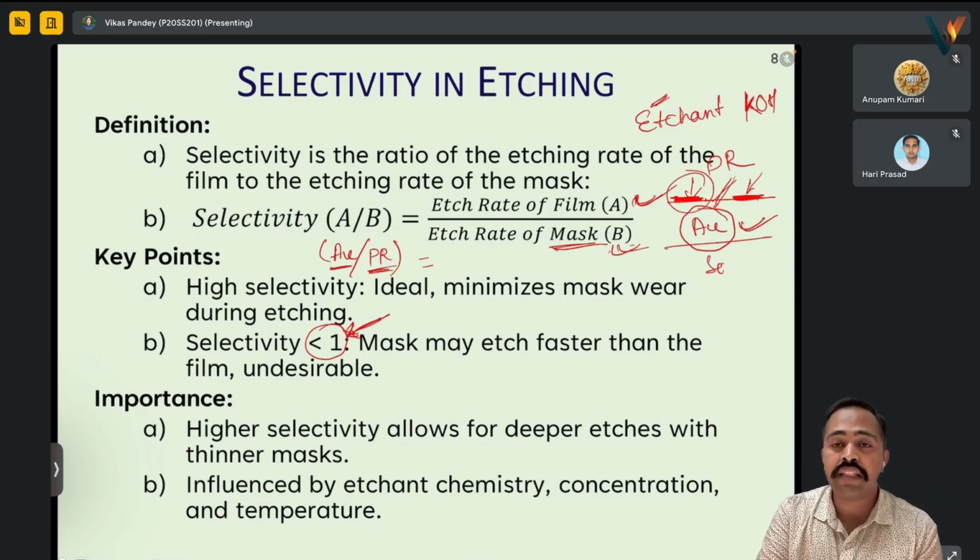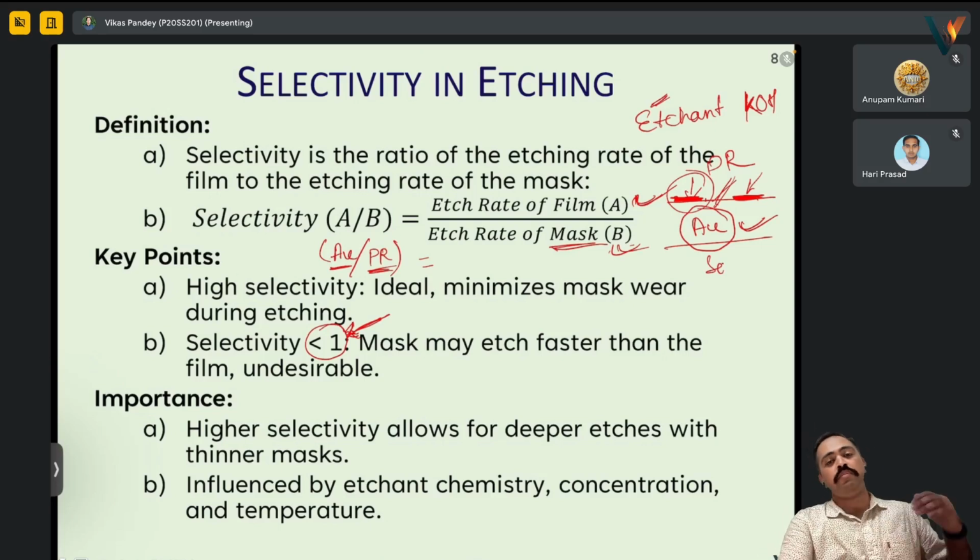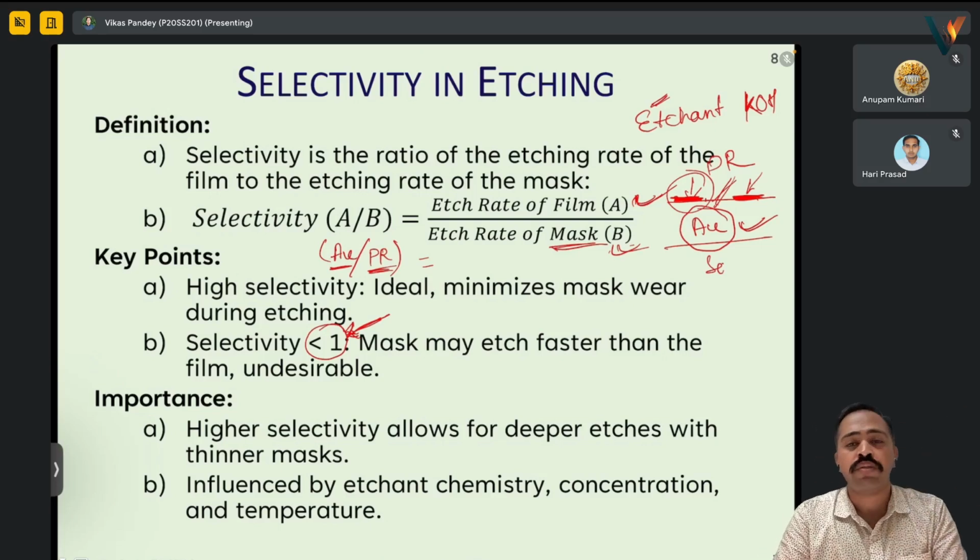And in case it is 1, even then we will see that the etch rate of the mask and the film is the same. In that case, still it will be a problem. It must be much higher. Etch rate of the film must be much higher compared to the mask. So ideally it should be infinite, or very high.